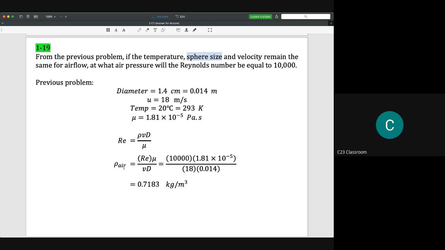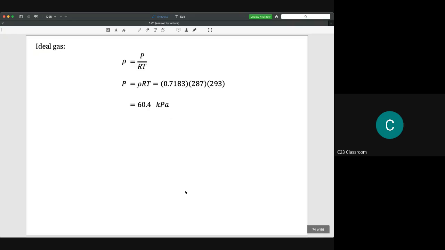If the Reynolds number is 10,000, we get that the density of air must be 0.7183 kilogram per meter cube. Then to calculate the pressure, if it is an ideal gas, we substitute everything here. We know the temperature, and we know the gas constant, which is normally 287 for air.